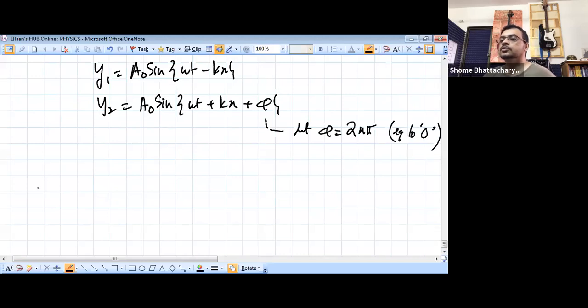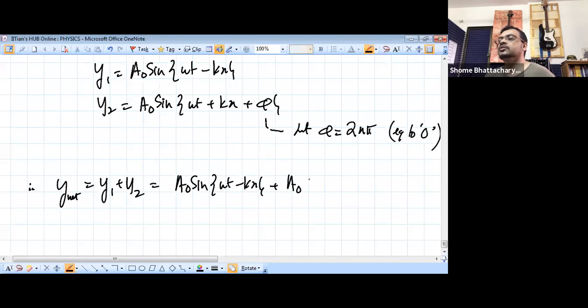So now at any given point in between, the net disturbance is the superposition of these two. So it is A naught sine omega t minus kx plus A naught sine omega t plus kx, because we've taken into account that our phase constant is 2n pi.